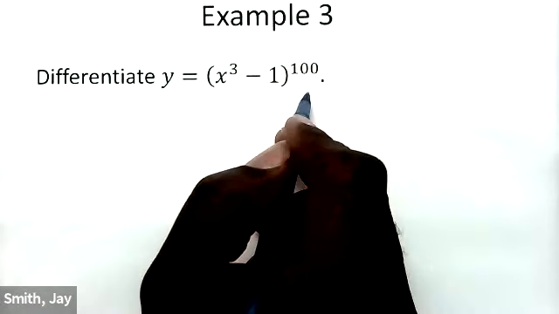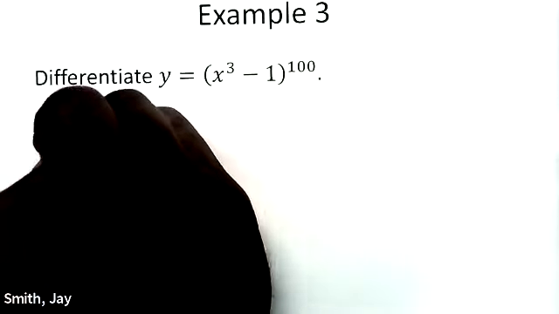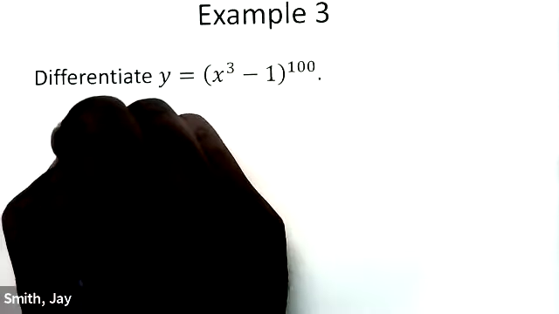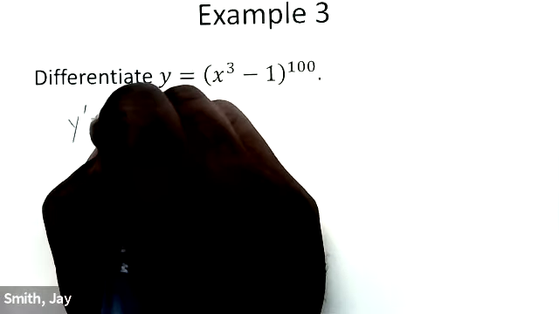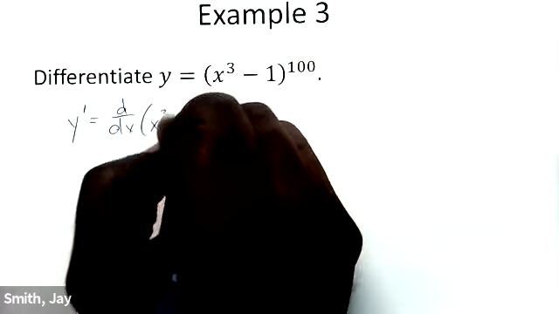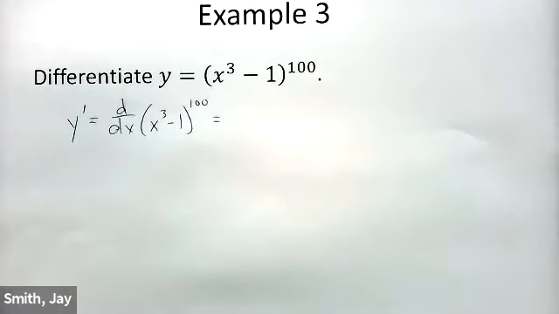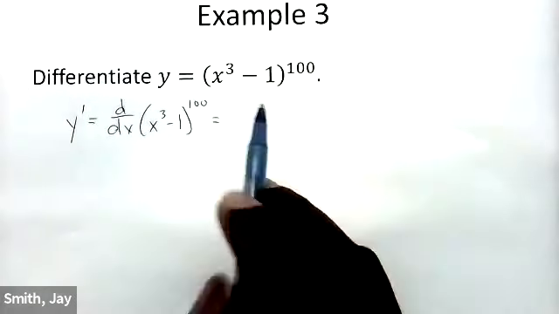So given that this is y, x cubed minus 1 to the 100th power, we can start working on the derivative, y prime, which would be the derivative with respect to x of x cubed minus 1 to the 100th power. This is just saying that we're going to take the derivative of the problem given with respect to x.